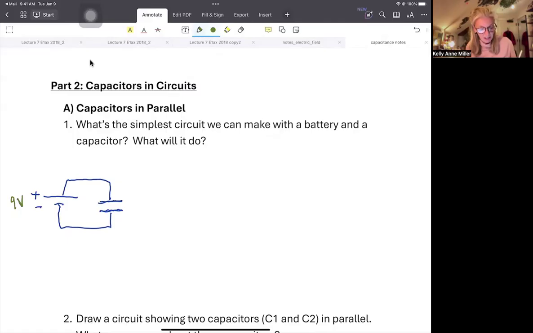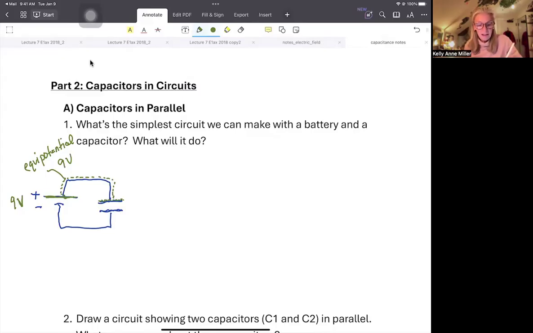So we can say that everything connected to the positive terminal, everything along this green dotted line, including this top plate in the capacitor, is an equipotential surface. And everything along that path is at 9 volts.